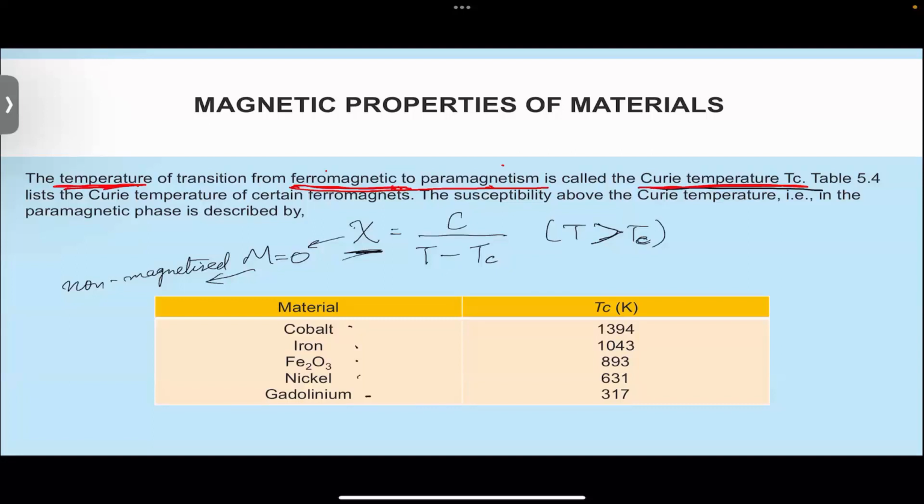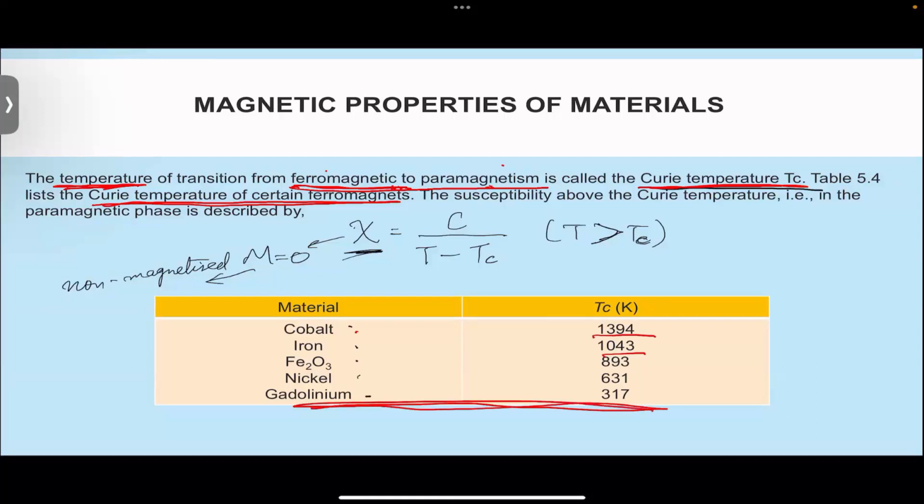Curie temperature varies with the kind of material. You can see over here, cobalt has a high Curie temperature, iron also has a high one, and gadolinium has a comparatively lower Curie temperature. So your magnetic susceptibility varies with respect to the temperature and the Curie temperature.